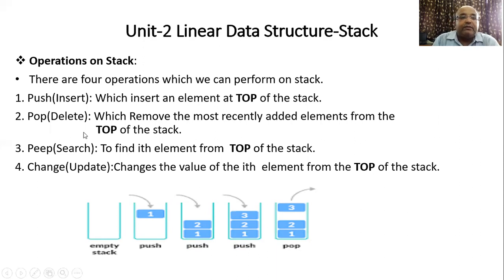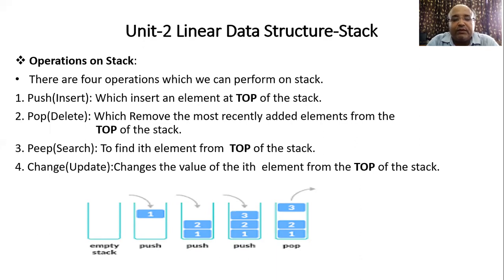But now I hope you understand what exactly peep is. Peep is one kind of searching procedure, if you want to find out the ith element from the top of the stack. The fourth operation that you can perform on a stack is change. What is this change? It is one kind of update operation.